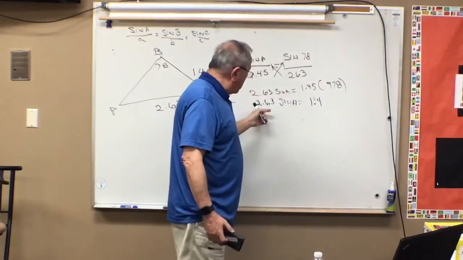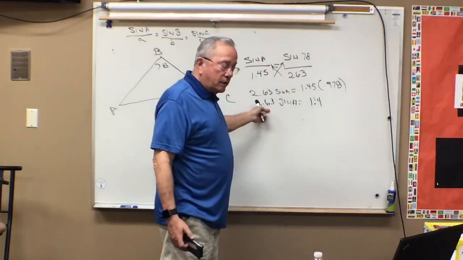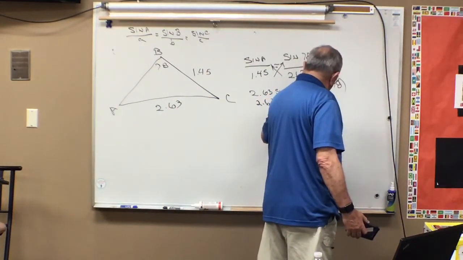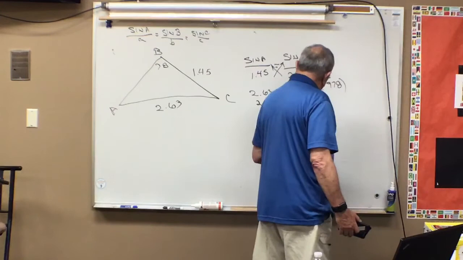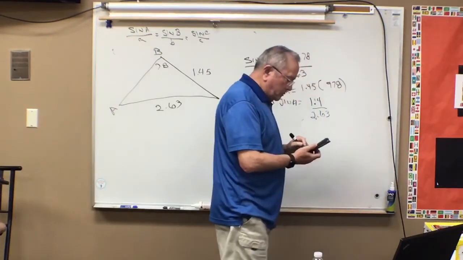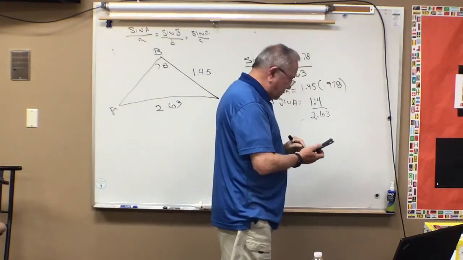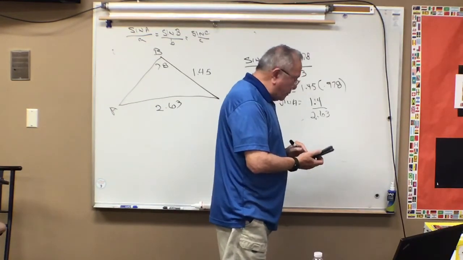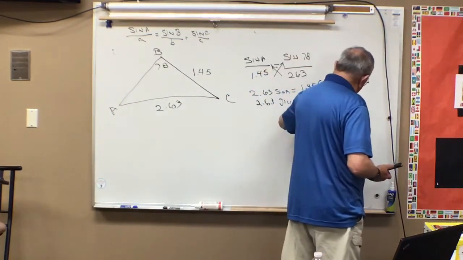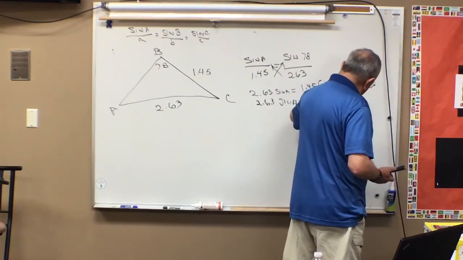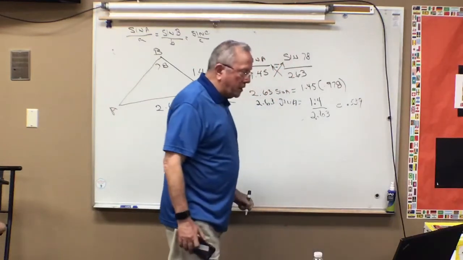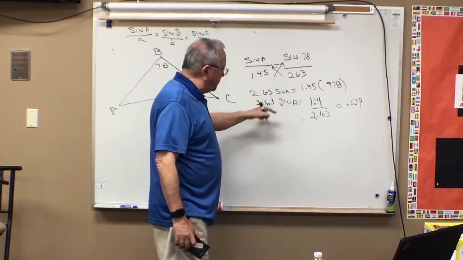I divide both sides by what? 2.63. So 1.4 divided by 2.63 equals 0.539. What are we doing? Still doing the same thing, but that's the sine of A, isn't it?